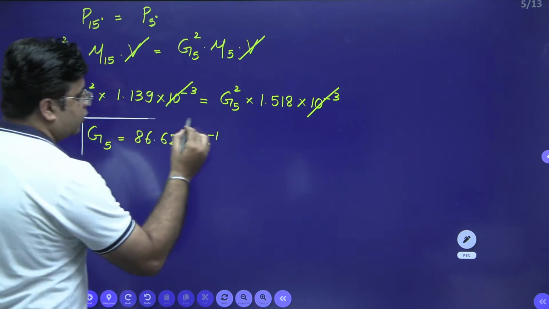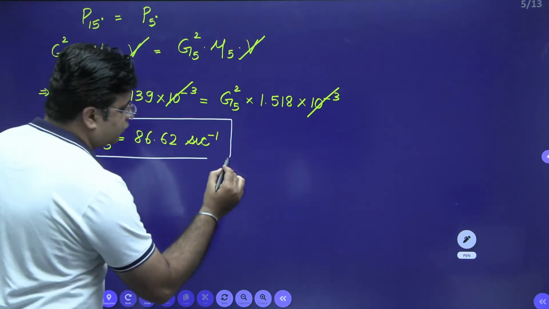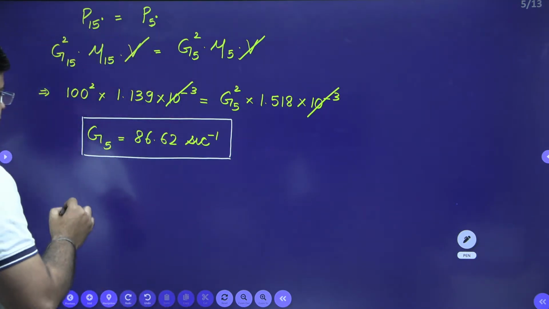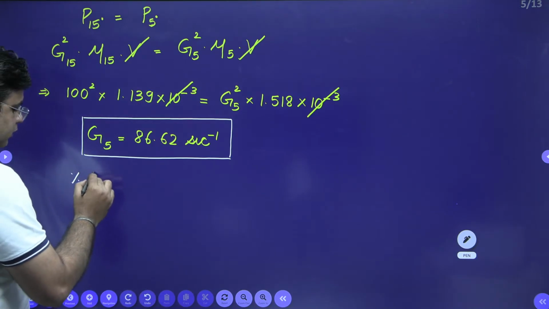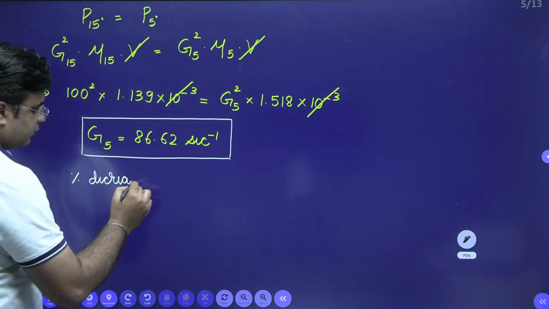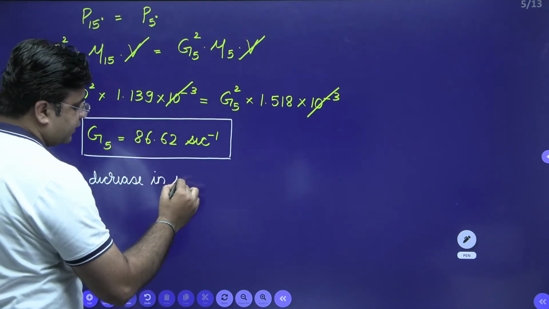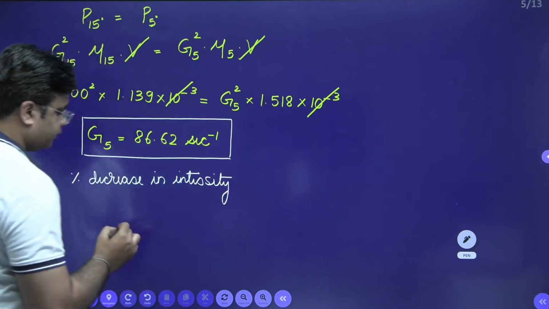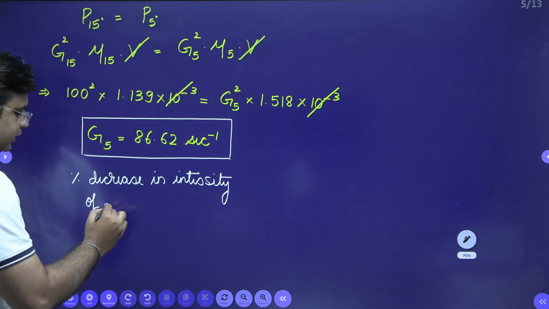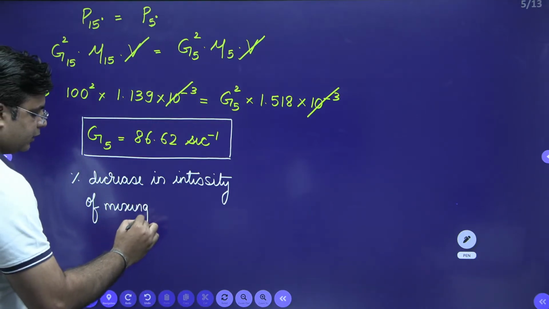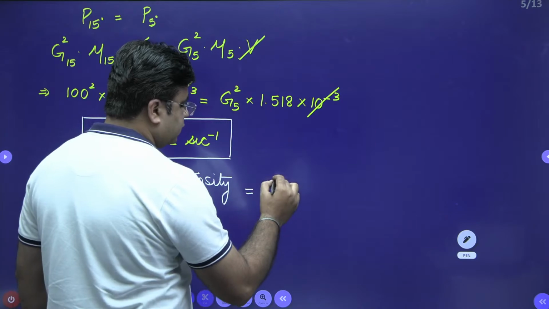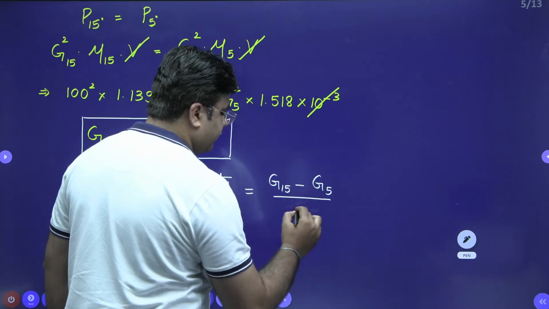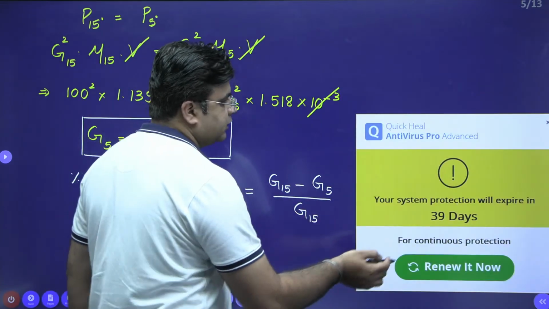Okay. Now you know the value of G at 15 degrees Celsius. You know the value of G at 5 degrees Celsius. You can calculate the percentage decrease. So percentage decrease in intensity of mixing is equal to G at 15 degrees Celsius minus G at 5 degrees Celsius divided by G at 15 degrees Celsius into 100.